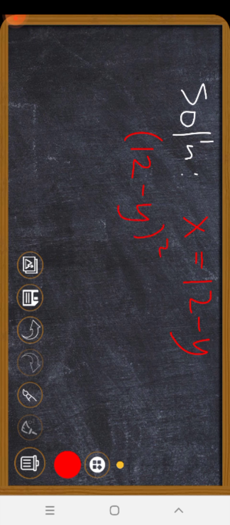That's the value of x. And then y squared as is, and equal to 74 as is. This equation is the combination of equations 1 and 2.